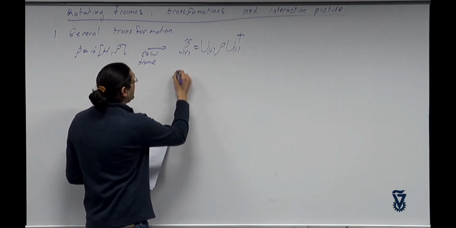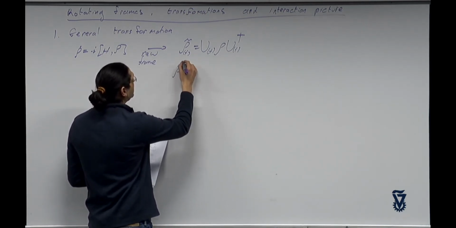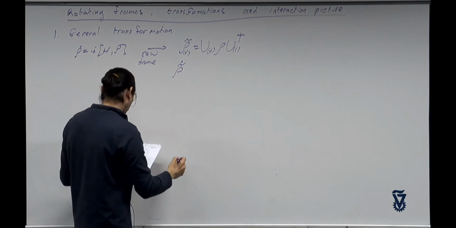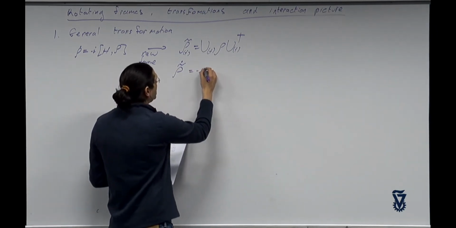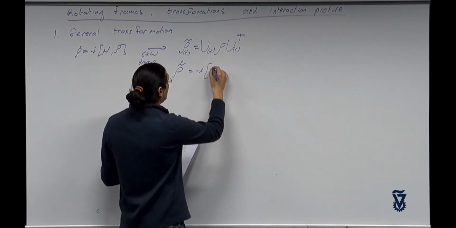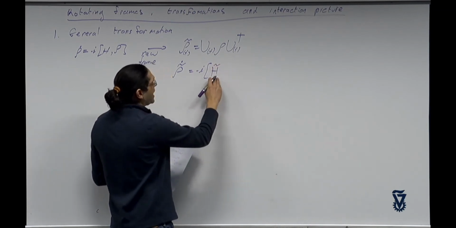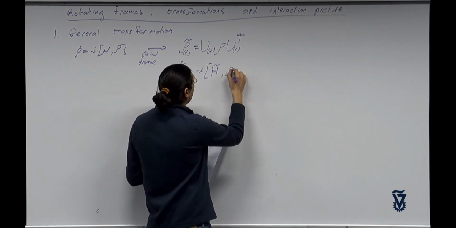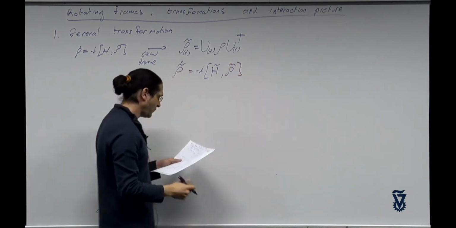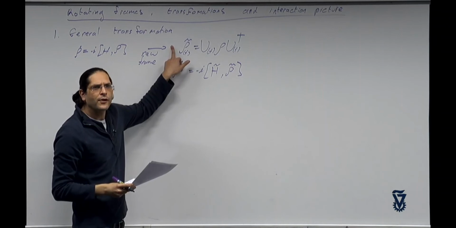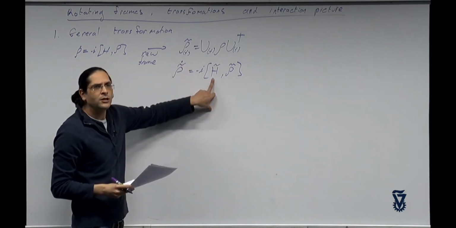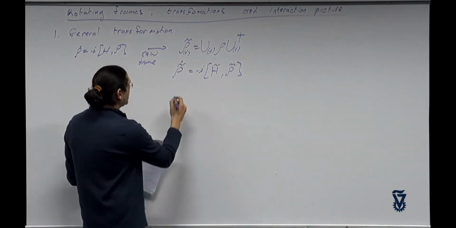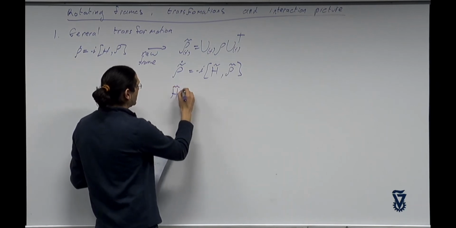And in the new frame, the equation is rho tilde dot equals minus i H tilde, the Hamiltonian in the new frame, times rho tilde, the density matrix in the new frame.